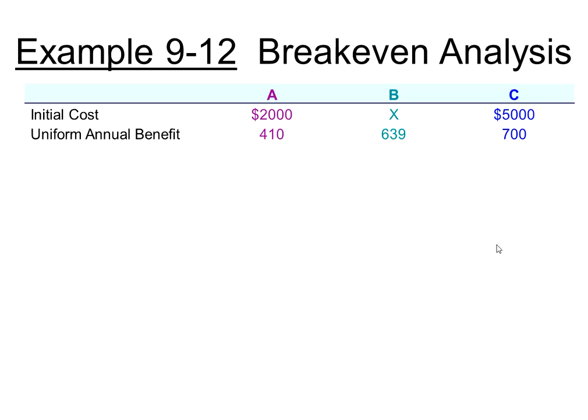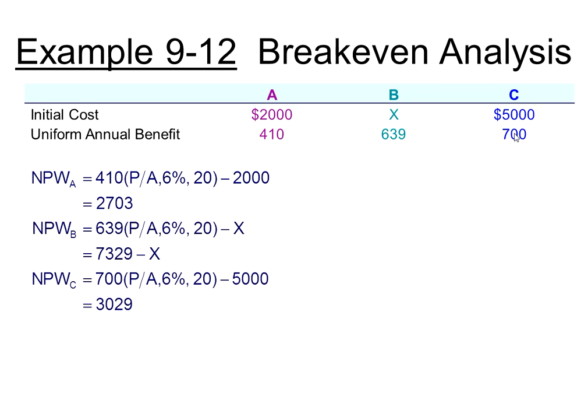Here's an example of another break-even analysis where we have 3 alternatives, and there's flexibility in terms of the initial cost of B. We have A, with an initial cost and uniform benefits. B, the initial cost is unknown, with uniform benefits. And here is C. We can find the net present worth of A simply, right?